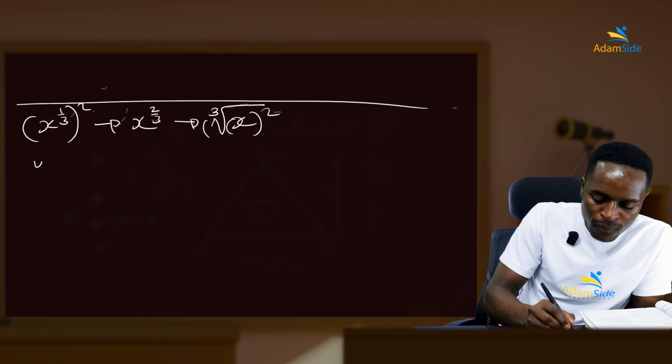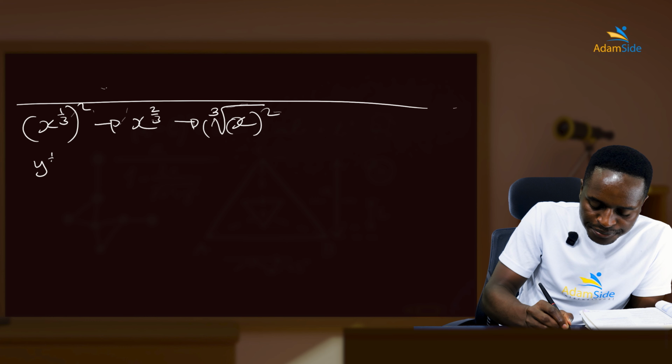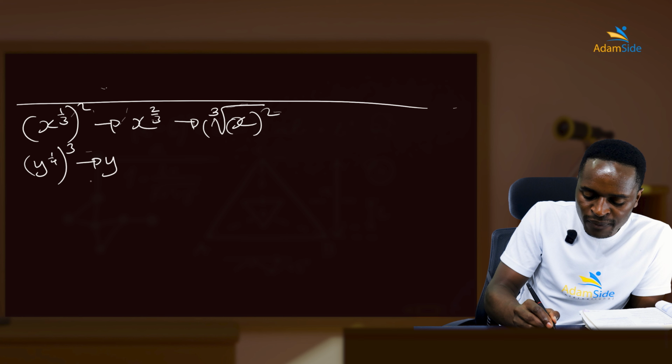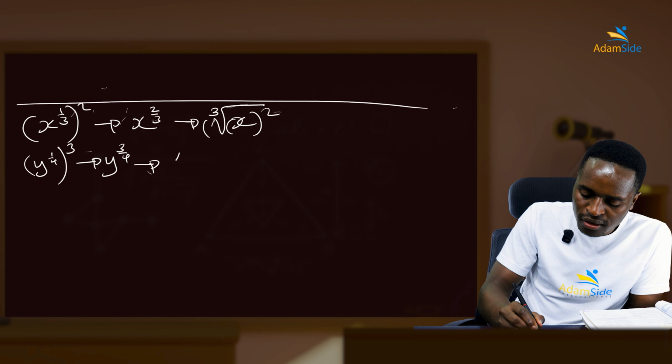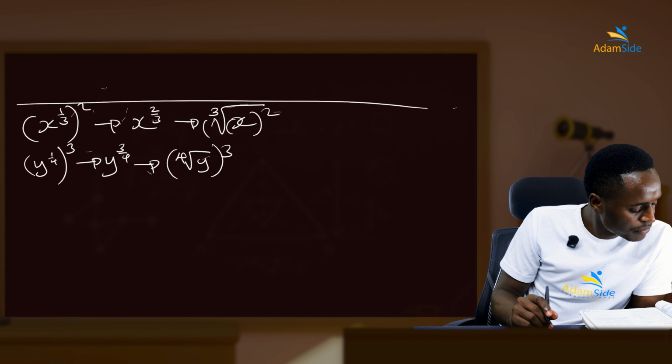You have y power a quarter, then outside is 3. What does this mean? This means it is y power 3/4. So how do we write it in terms of the root? This is the same as the fourth root of y, then everything cubed. That's it.